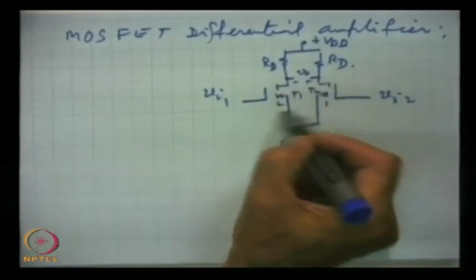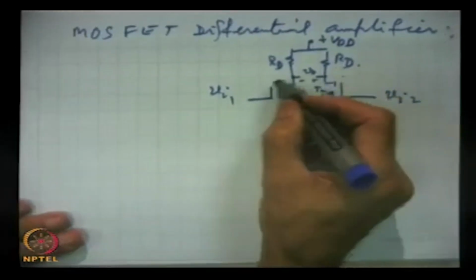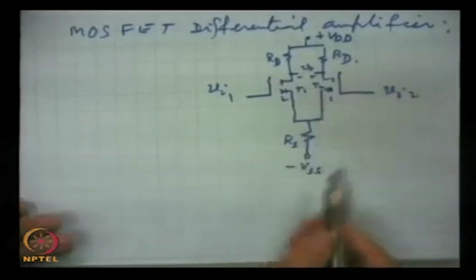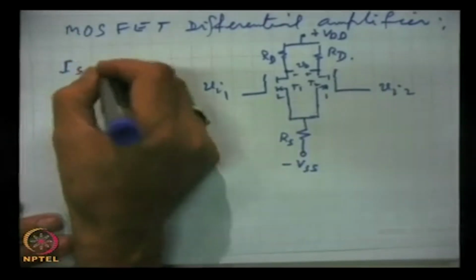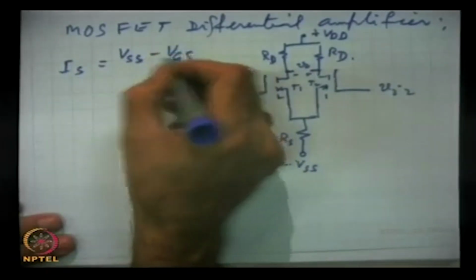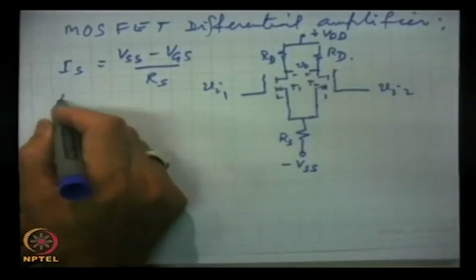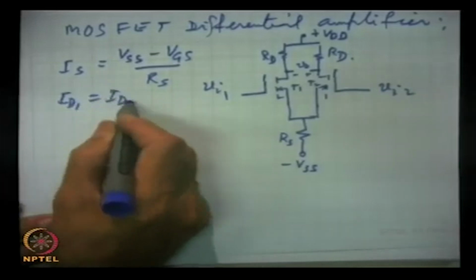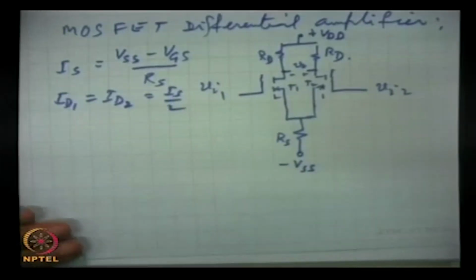This is one MOSFET, this is another MOSFET, and it can be shown that the source current IS is VSS, this battery, minus VGS by RS. The drain current in 1 is the same as the drain current in 2, and this will be half of IS, so IS by 2.